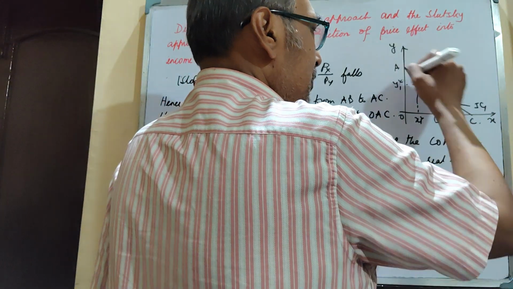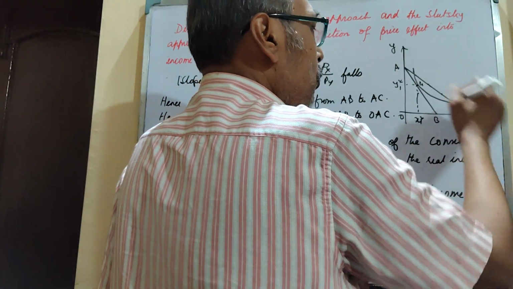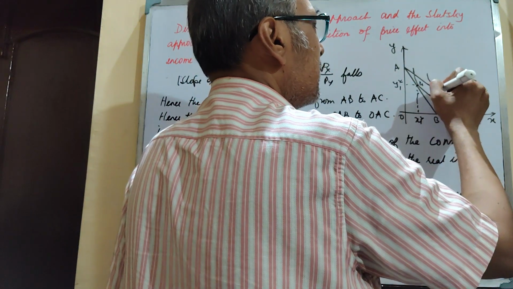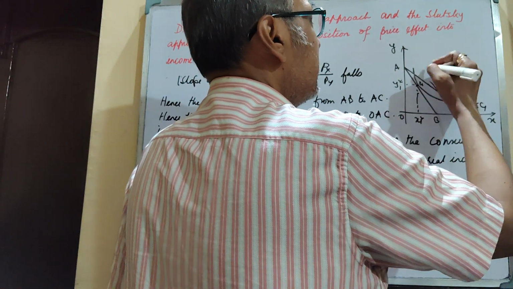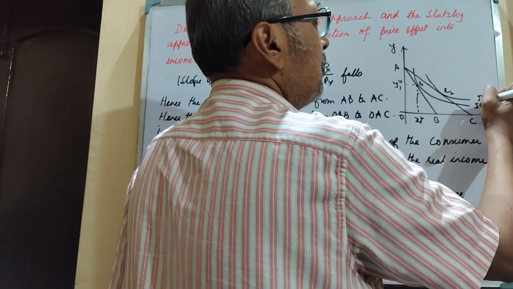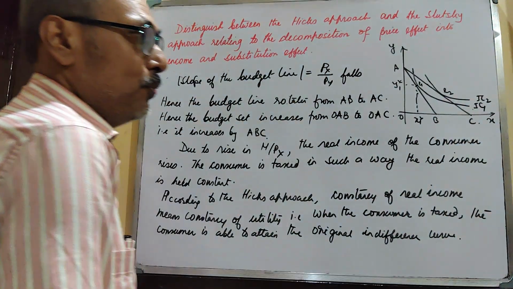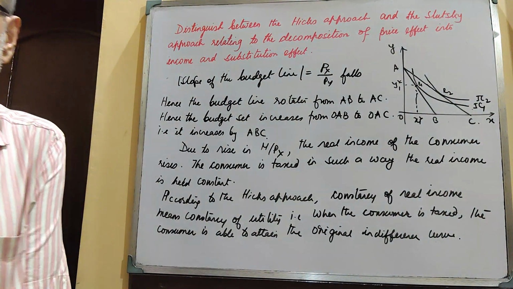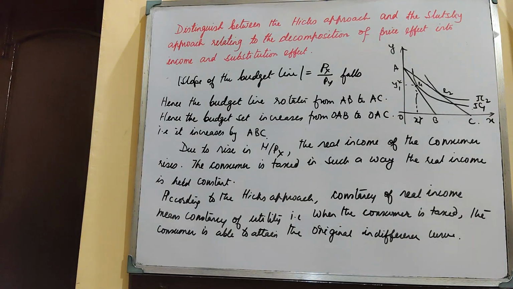Now the budget line moves from AB to AC. This is another equilibrium point. Consumer moves from IC1 to IC2. Now the consumer is taxed in such a way that the consumer is able to attain its initial utility level.